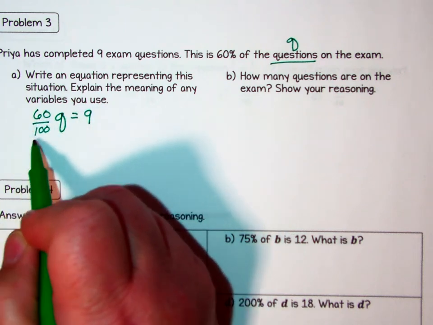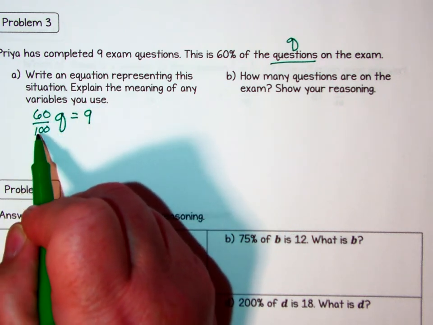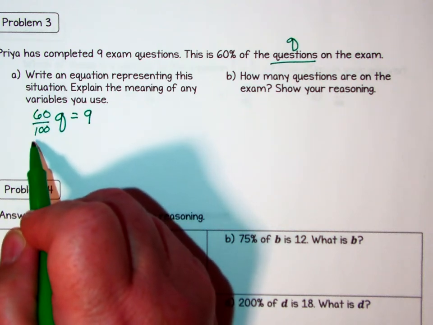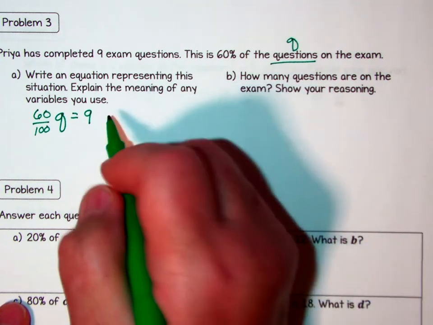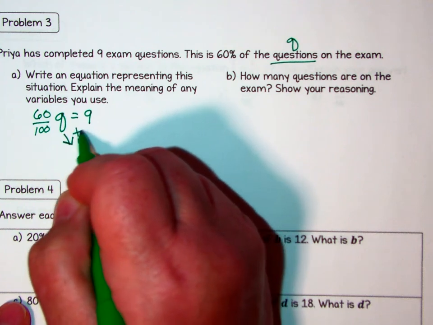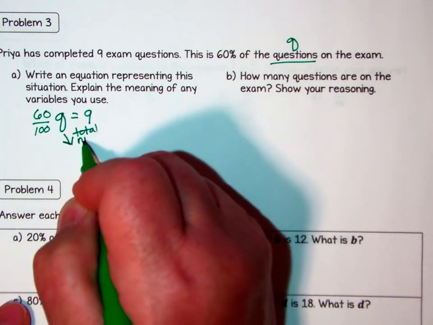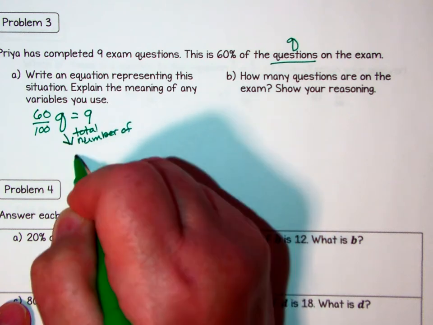And again, that 60 hundredths, I could use 6/10. I could simplify it further into 3/5. I could use the 6/10 as a decimal, 0.6. Any of those is fine. And so I'm just going to say Q equals total number of questions on exam.